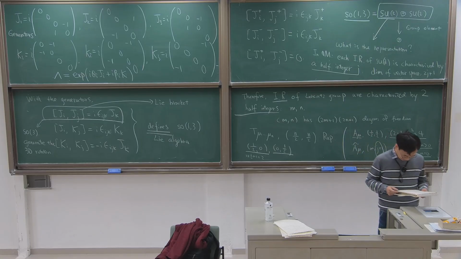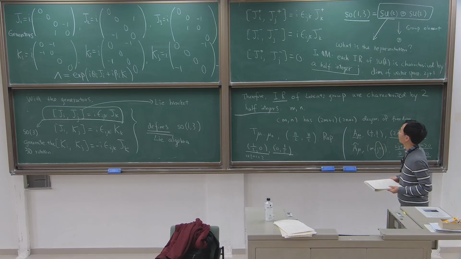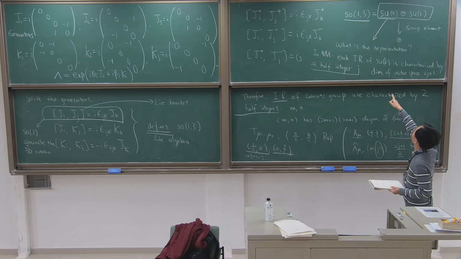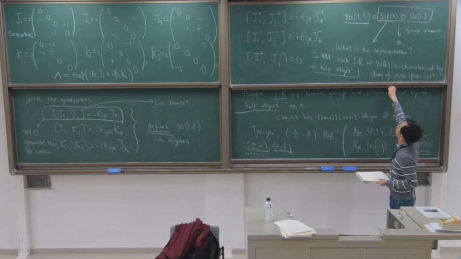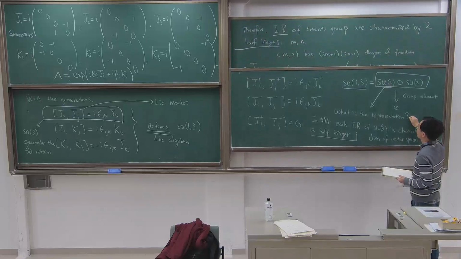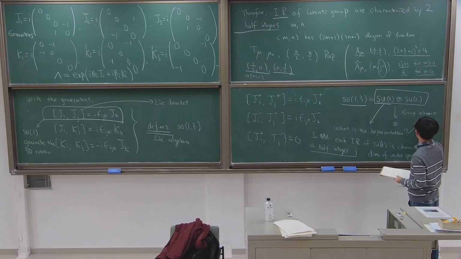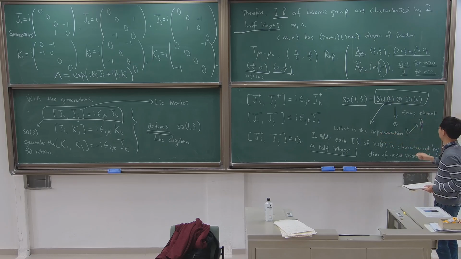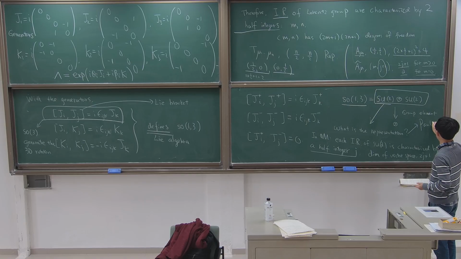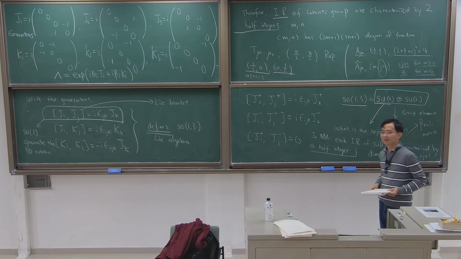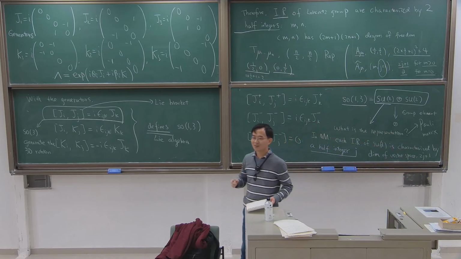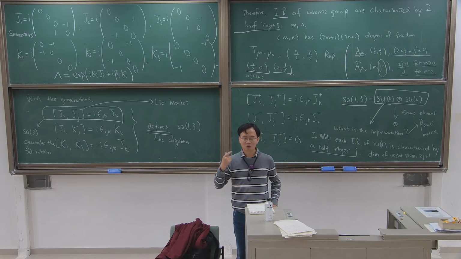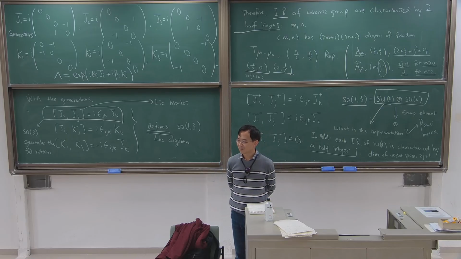So the dimension is 2, and we also know that there is a typical one to realize this SU(2): a particular familiar, convenient representation, given by the Pauli matrices. Before you do any classification, you should first have some concrete representation in mind in order to do calculations.